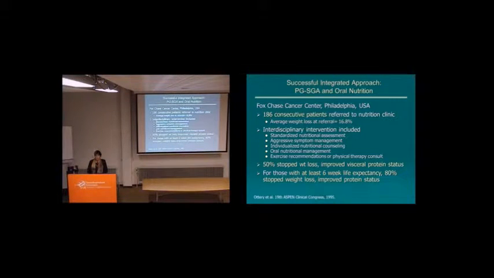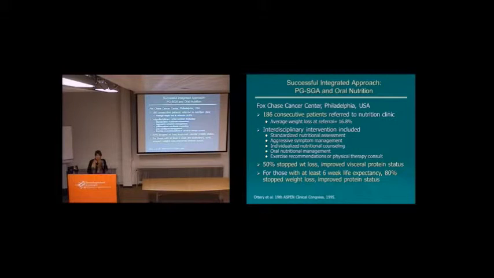And so what we found is if we took away the people who had, in terms of the data, less than a 6-week life expectancy, so they're still kind of maybe at the end, but they weren't immediate, and looked only at the people who had at least a 6-week life expectancy, 80% of those people we were able to get to stop losing weight.